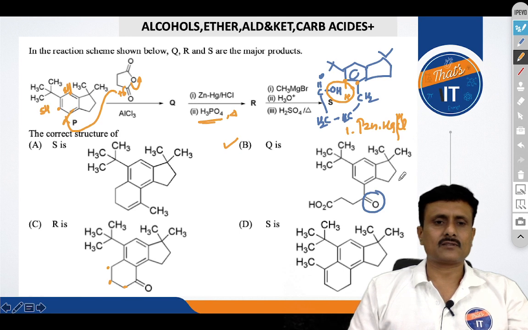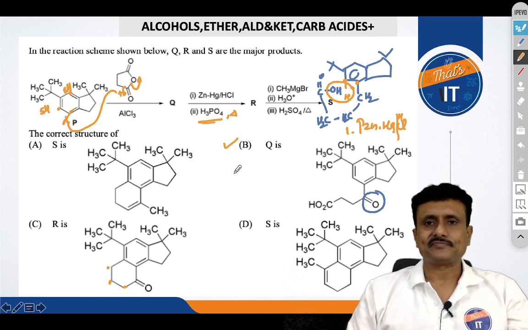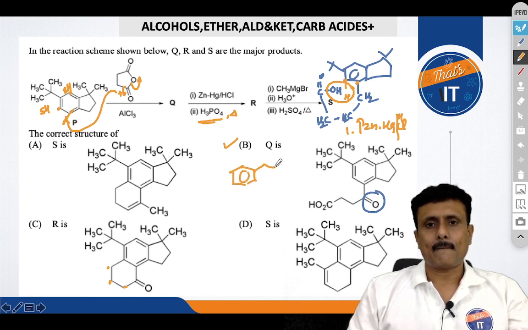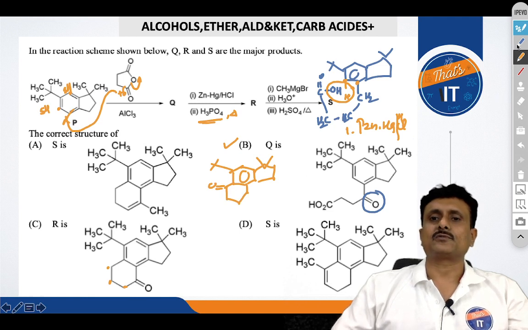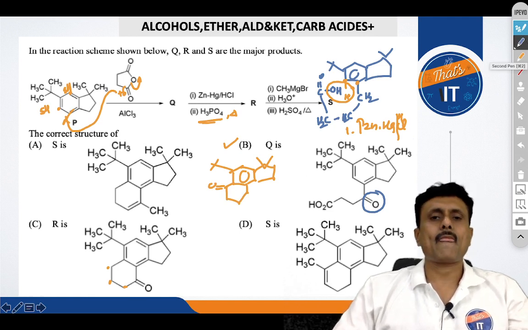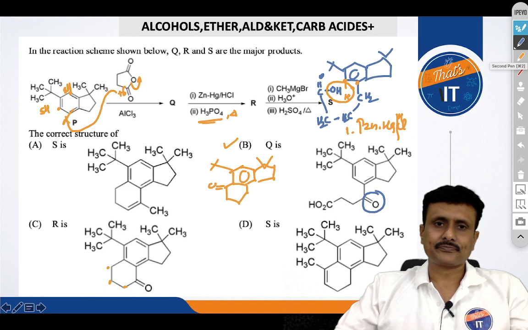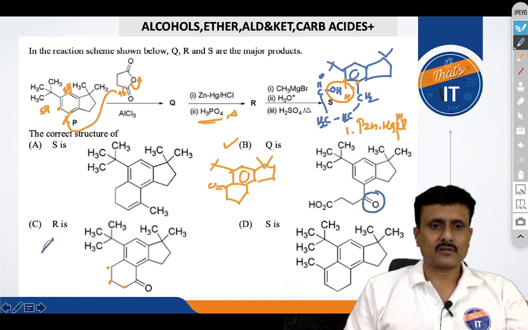You can see that your R is having, I'm writing your R here, alright, a C double bond over here, isn't it? 3 CH2, 1, 2 and then 3. So this is your R. Is that okay? So this is not your R.